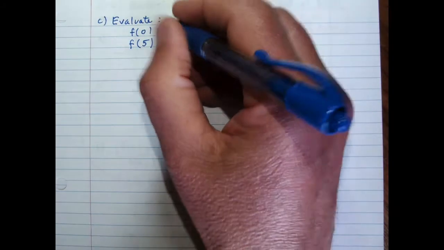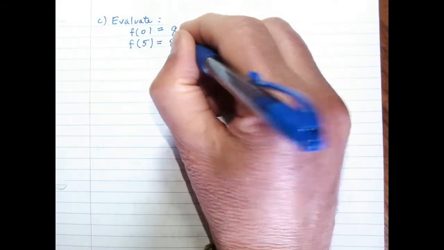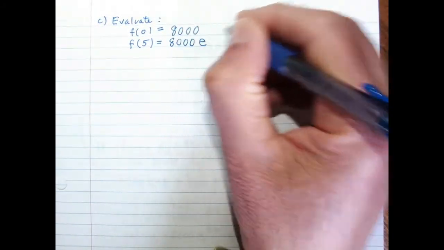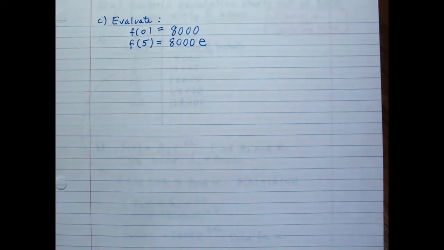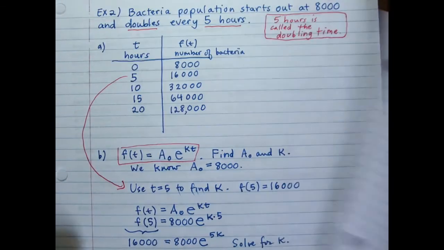really gives us the values that we would expect. So I'm going to plug in 8,000 e to the, now I need my decimal. Oh, here it is underneath.